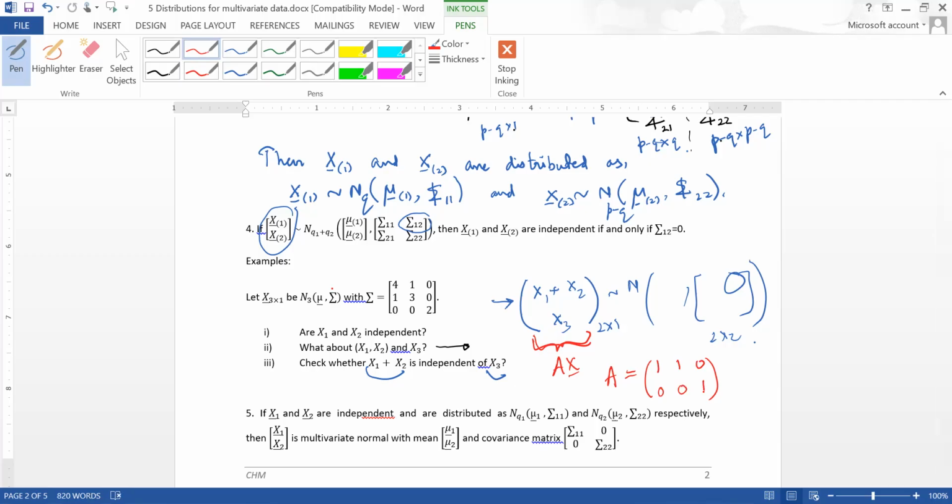Now what you have to do is find A sigma A transpose. You have sigma, you have A, so you can find A sigma A transpose.